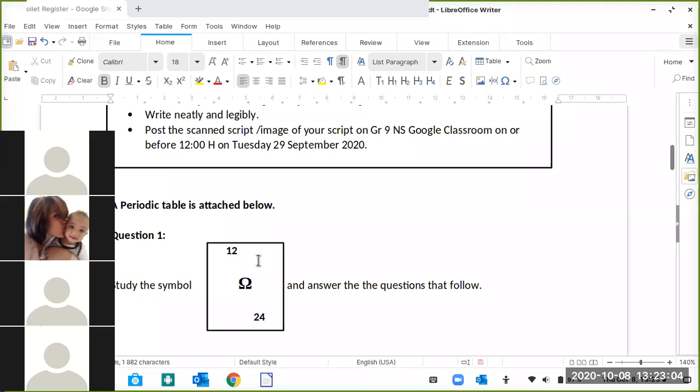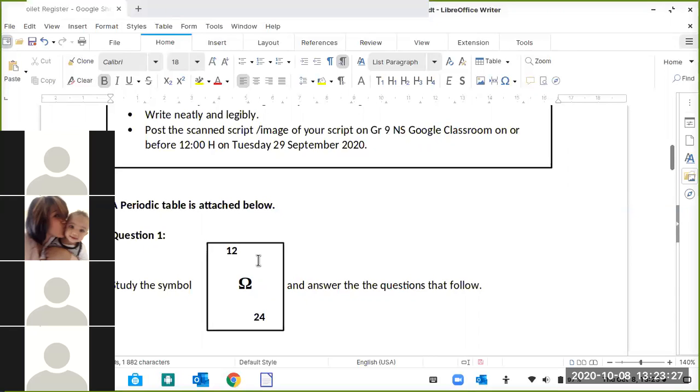They will have been swapped. So you need to remember that the atomic number is always smaller than the atomic mass. I repeat again, the atomic number is always smaller than the atomic mass.